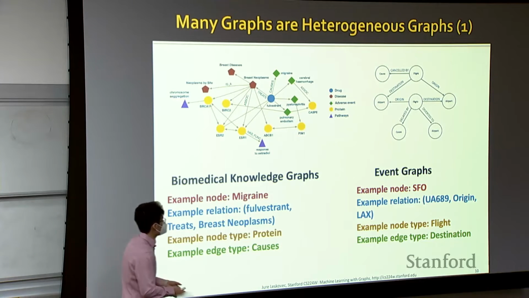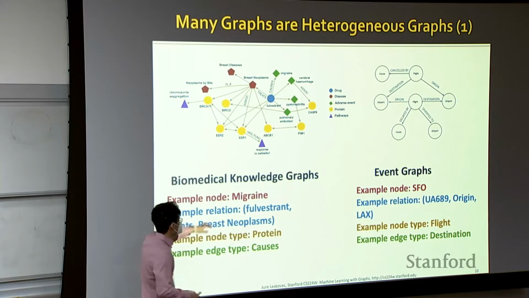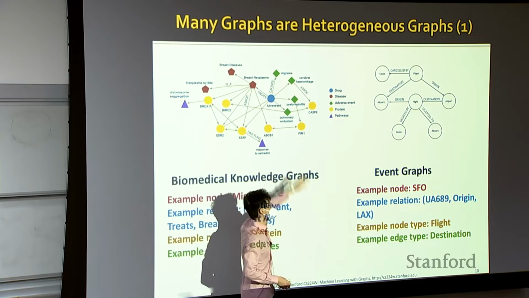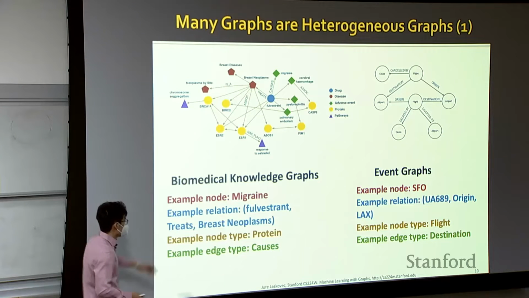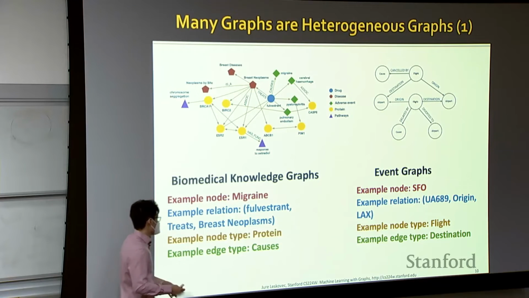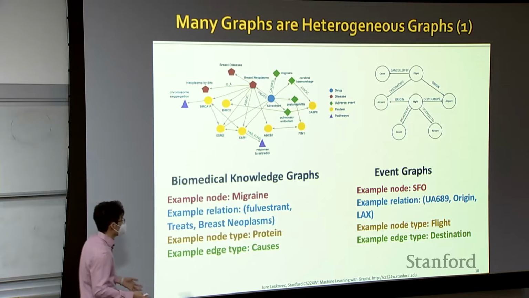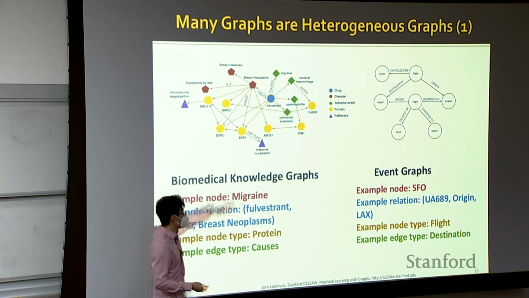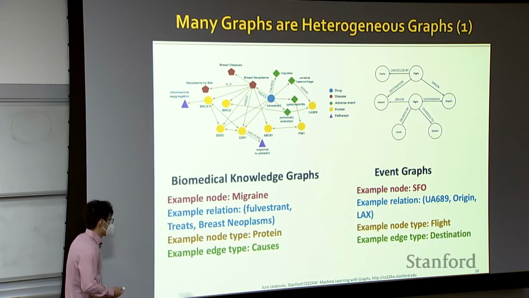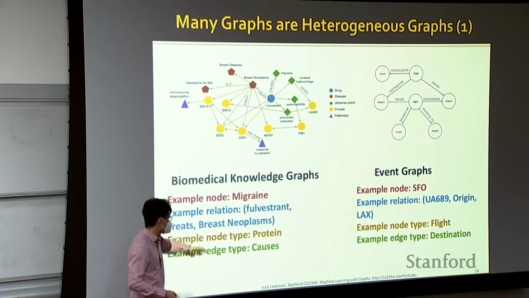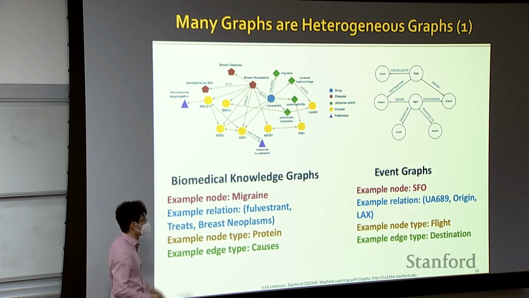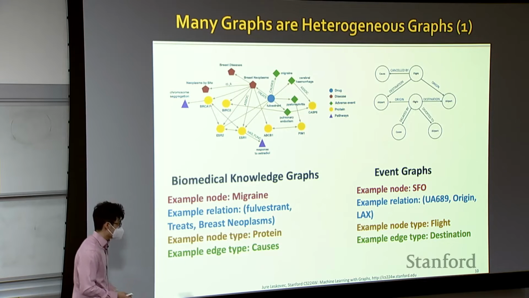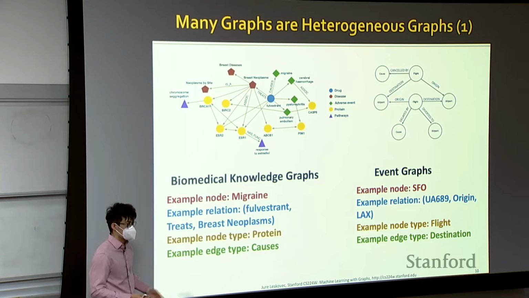This is one particular node, and it belongs to the red type of node, which is a disease node. And then we can define particular relationships between two blue nodes, which are drug nodes. And there are other examples of node types and edge types. So you see that in this biomedical knowledge graph, you can define different types of nodes and then capture their relationships.